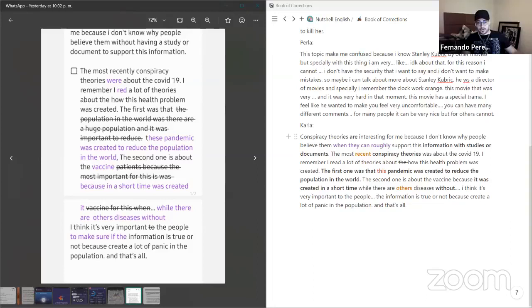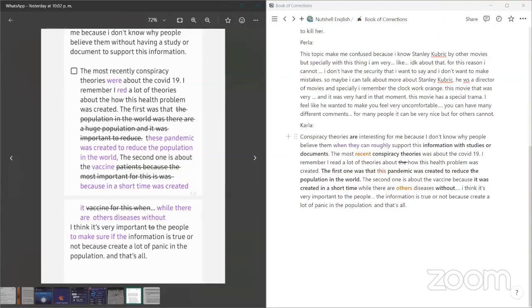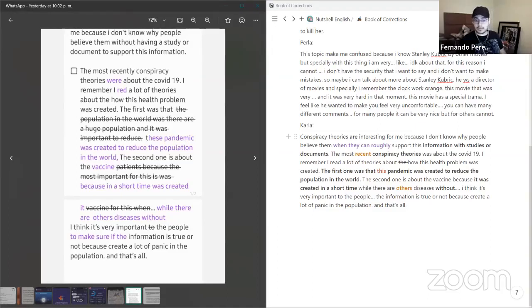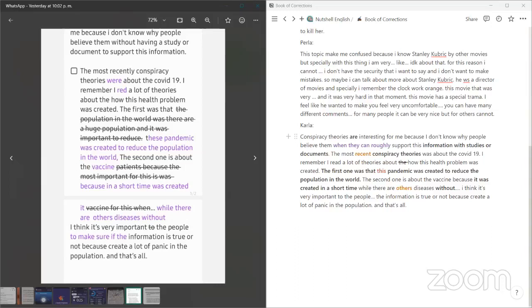I am not sure. Countable nouns, but I remember it depends on the nouns.